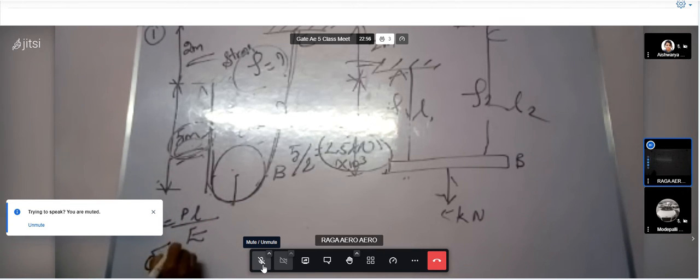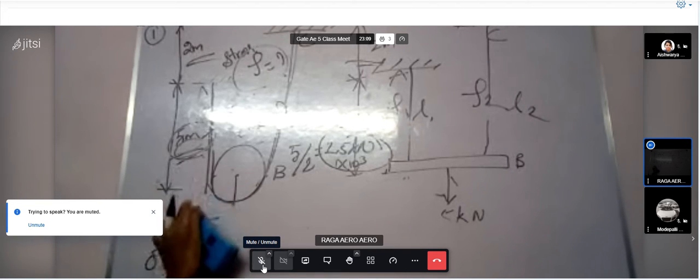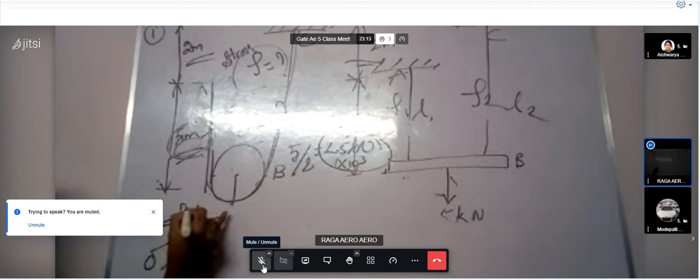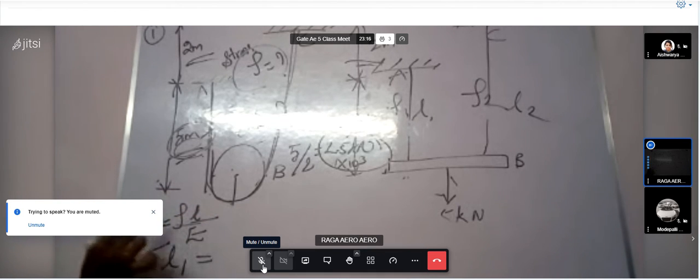So we'll take for del L1. This is a common thing I am taking. I am taking as a stress. It is not P, it's not P by A, it is stress. It's not P, it is a rho.